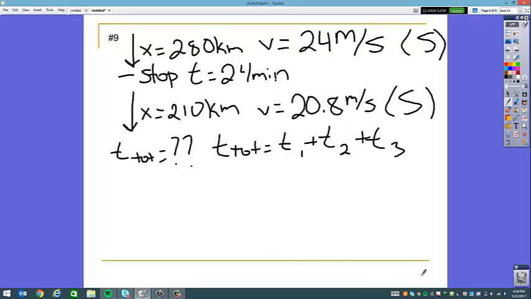To find T1, I'm going to go back and use my velocity equation. I know velocity is displacement over time, but I'm going to solve it for time, so I multiply both sides by T. I get T times V equals delta x.